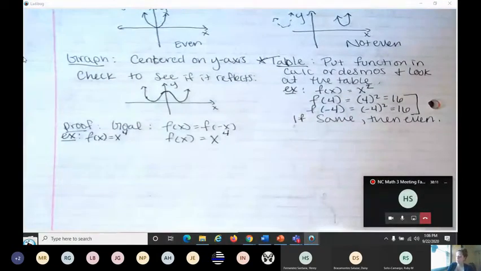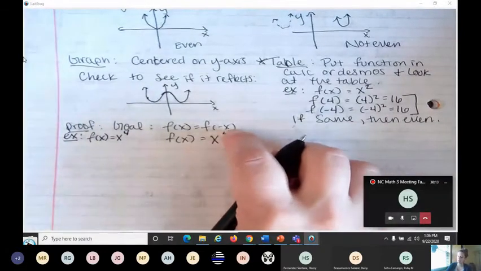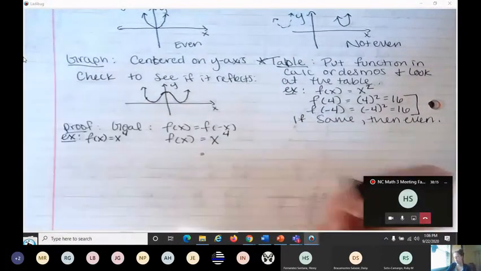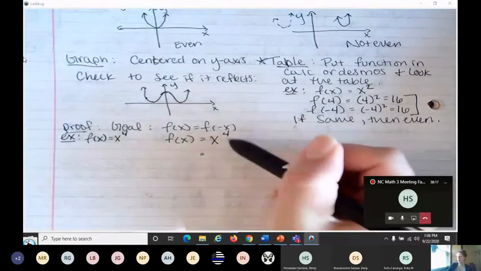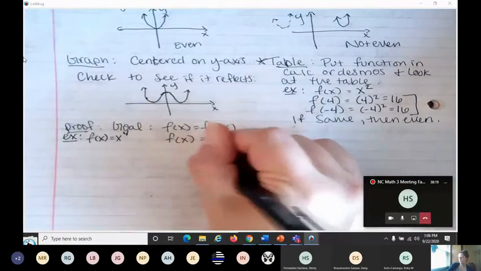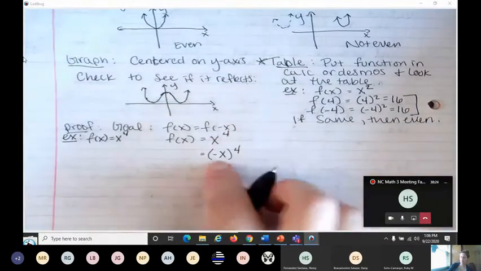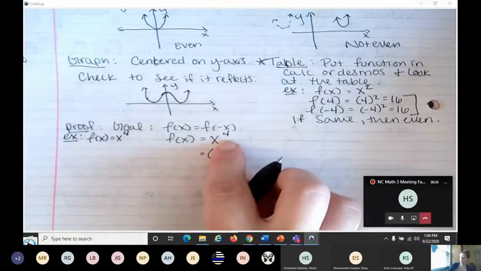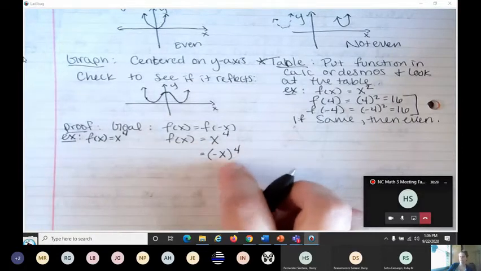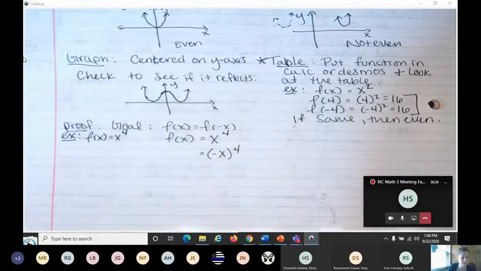Now my goal is to get the x's on the inside to be negative. Because this is an even power, I can put a negative x inside of that, and it's still going to be the same as this one. Because it's an even power, it just gets rid of that negative every time.